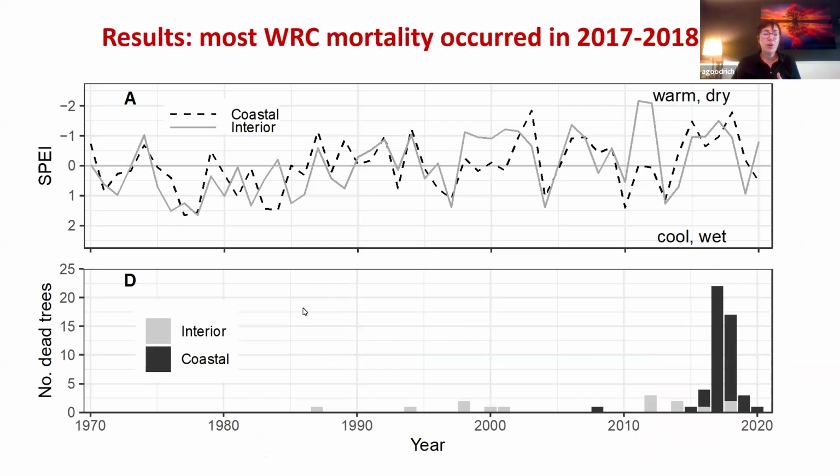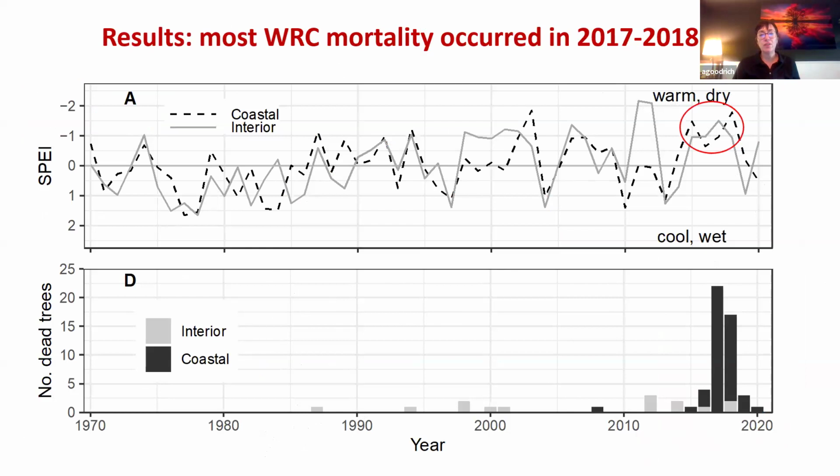And so what I wanted to show here on the lower graph is we've got the year on our x-axis and the number of dead trees on the y-axis. And so what you can see from this graph on the bottom is that most of our trees died in 2017 or 2018, almost 80%. And a lot of those were in these coastal or west side populations.